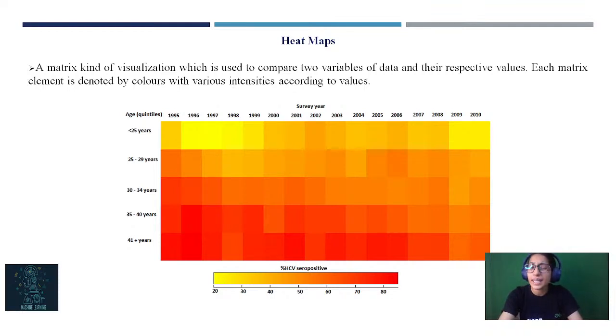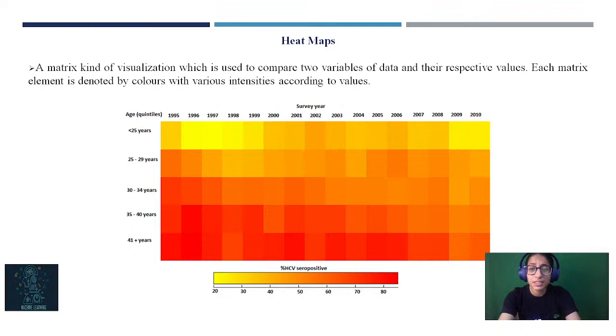We can use any color, green or black. This is only to represent the values and compare the two variables of the data. Each element is denoted by colors only.